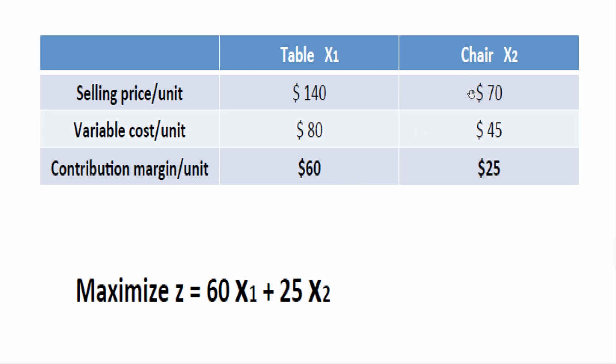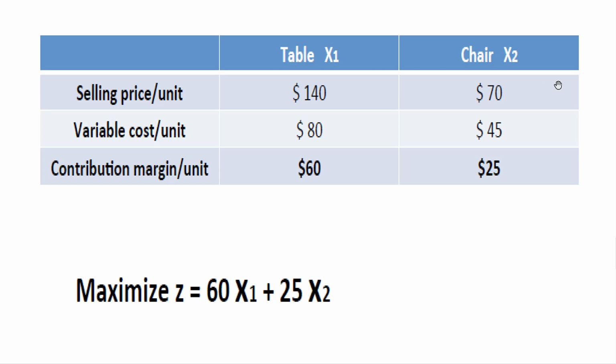The selling price per chair is $70 and the variable cost per chair is 45, so the contribution margin equals $70 minus 45, which is $25.